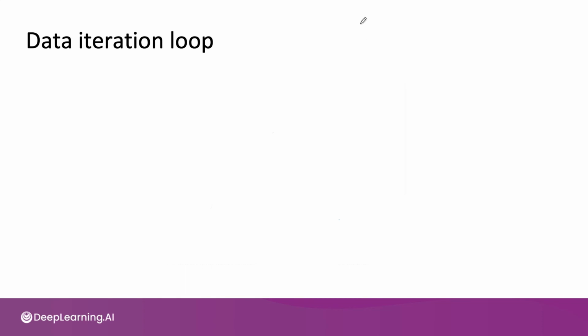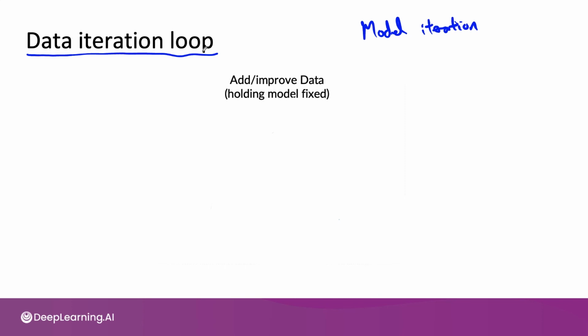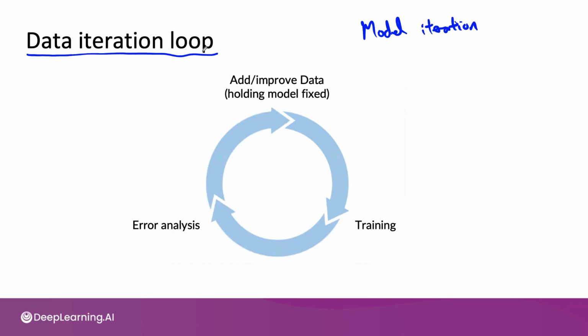You may have heard of the term model iteration, which refers to iteratively training a model, using error analysis, and then trying to decide how to improve the model. Taking a data-centric approach to AI development, sometimes it's useful to instead use a data iteration loop, where you repeatedly take the data and the model, train your learning algorithm, do error analysis, and as you go through this loop, focus on how to add data or improve the quality of the data.